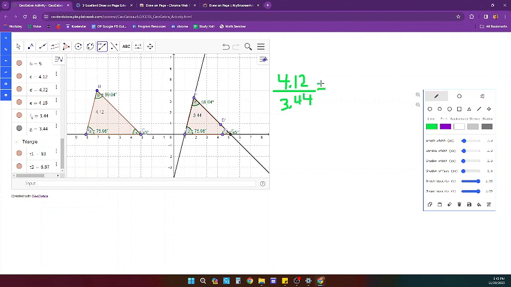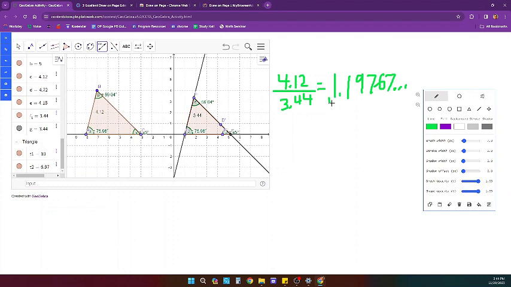And as I plug that into my calculator, I get the number 1.19767, and then it goes on for a while. So what this number means is that triangle ABC is 1.19767 times as big as triangle DEF.